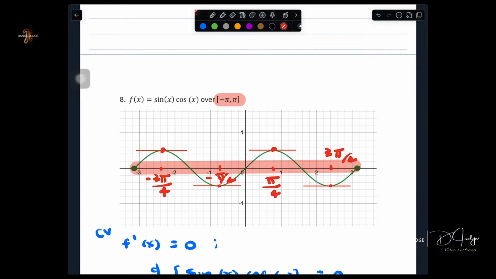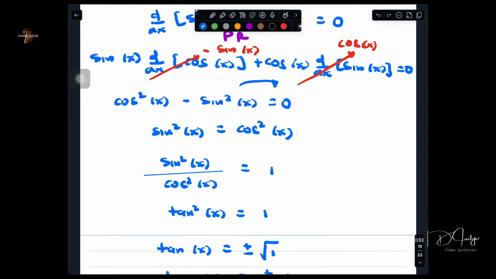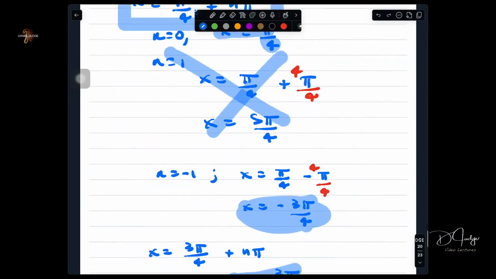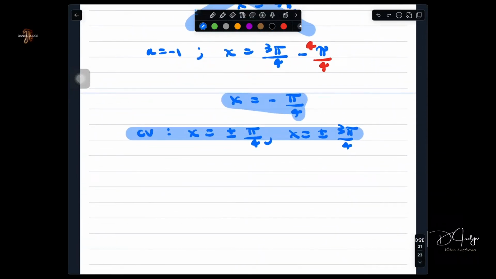So we're going to have to plug in for this function right in here, sine, cosine, all of those values. So let me write down the function here. The interval is negative pi to pi.